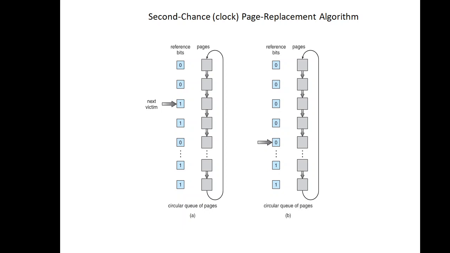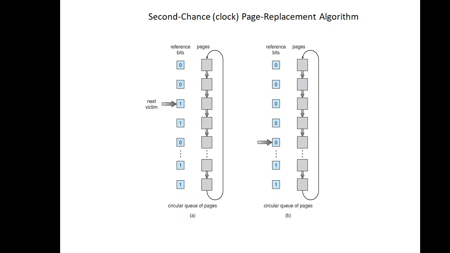You can see in the figure that we are looking for the next victim, and the page has reference bit 1. So it will give a second chance and move to the next. It goes on through all of the pages. As it moves, if the bit is set to 1, the page is given a second chance.